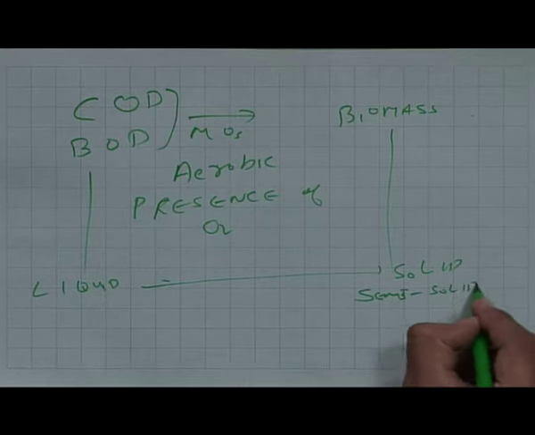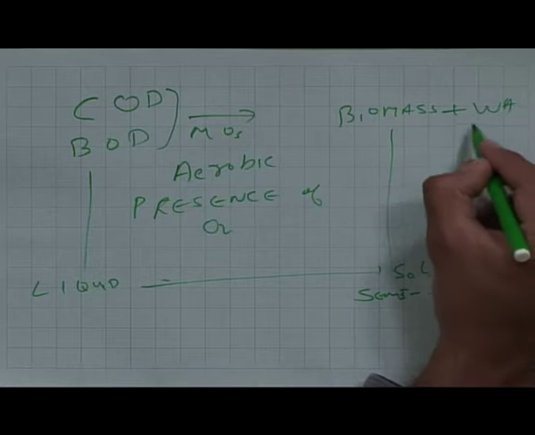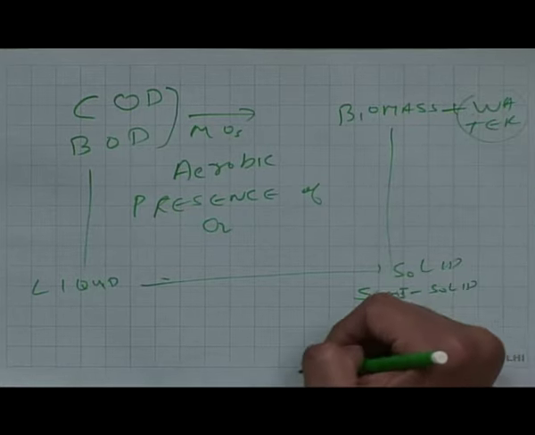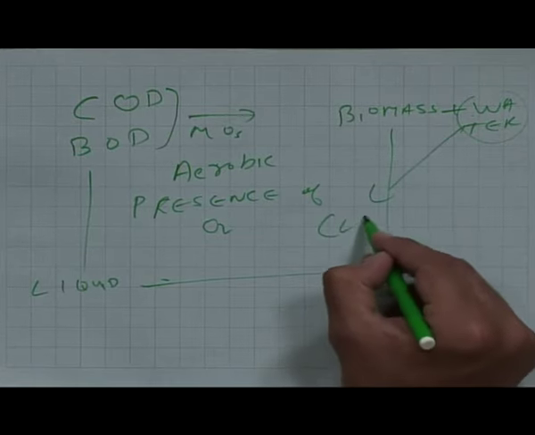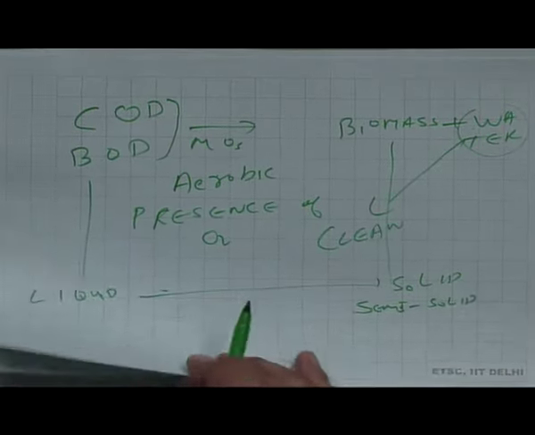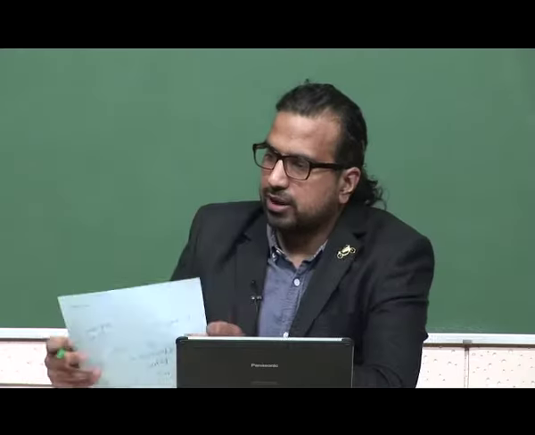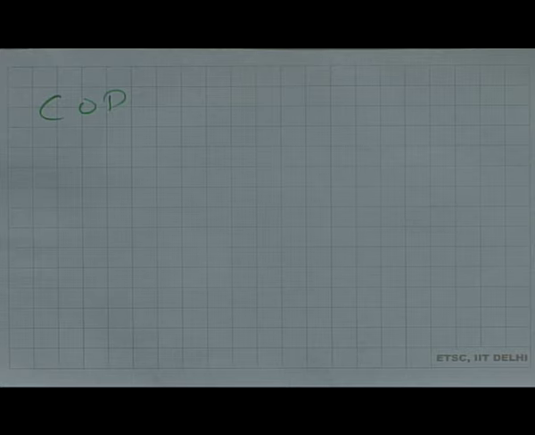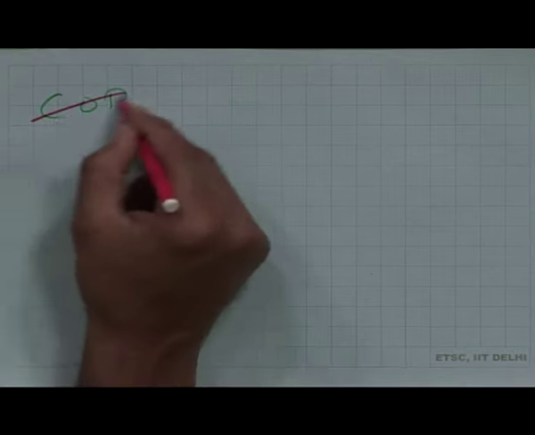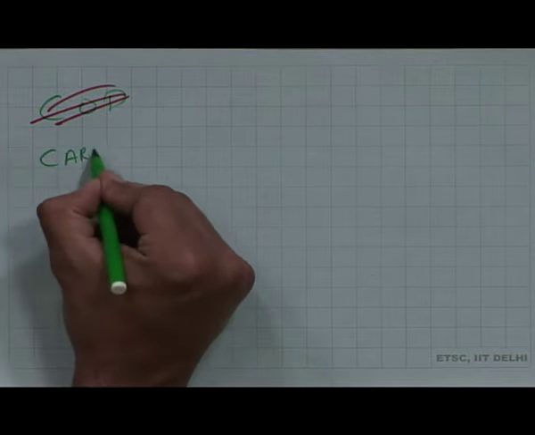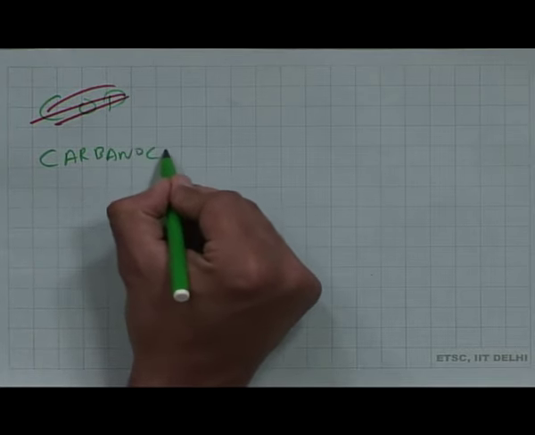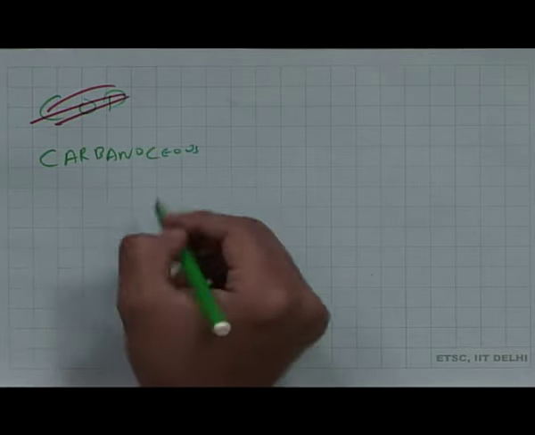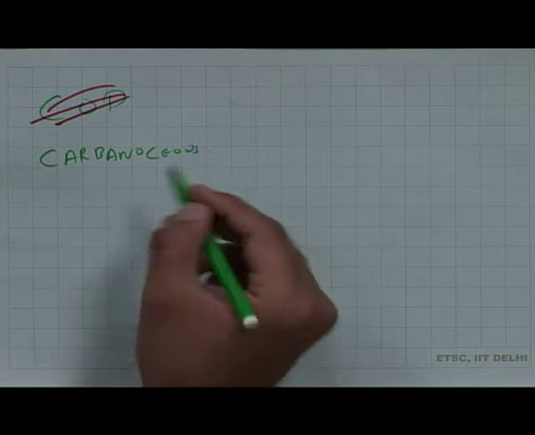What is its implication? You have water, and this water is clean. What happens is that you have oxygen, and you have carbonaceous material, which basically contains carbon; it can be glucose, it can be waste of any other part.